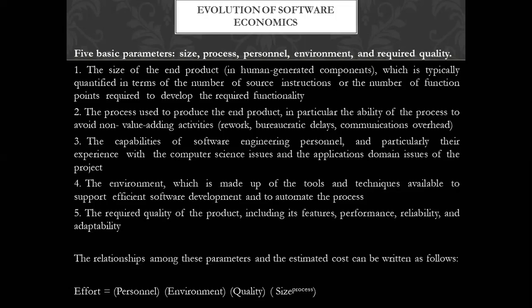So the last one is the required quality of the product, including the features, performance, reliability, adaptability. So these again become some of the factors. In the COCOMO model, if you have seen, it has been divided into certain types: organic, semi-detached, embedded projects.